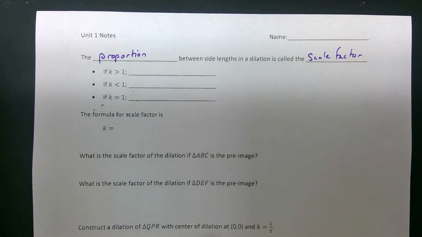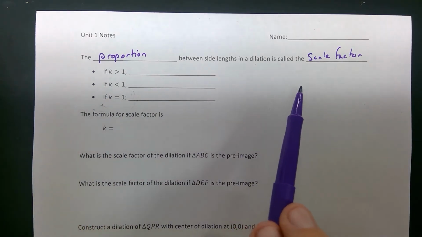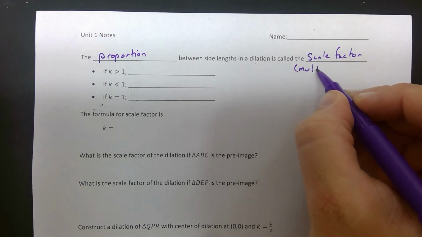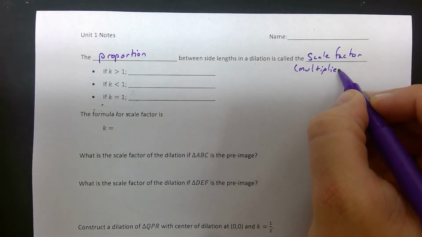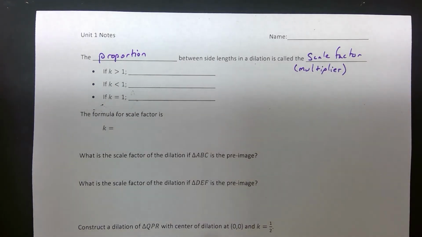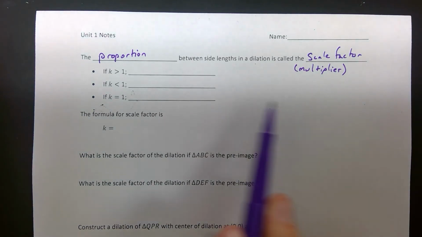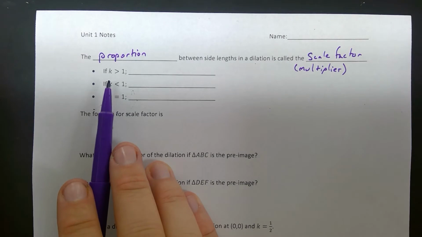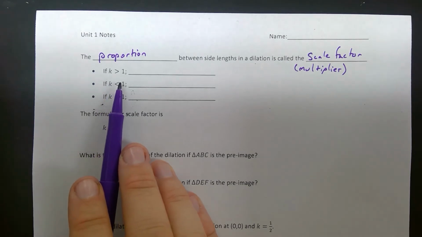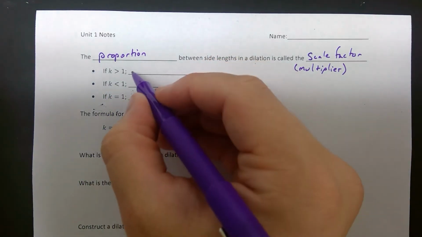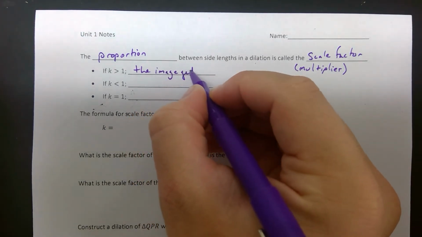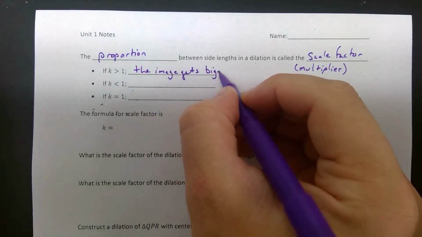Okay, so we talked about the other day, if k is greater than 1, okay, I'll put a little word down here. We want to think of it as the multiplier. Okay, so if we're multiplying by k, that's the letter we use to show the scale factor typically. If we multiply by a number bigger than 1, the image gets bigger.